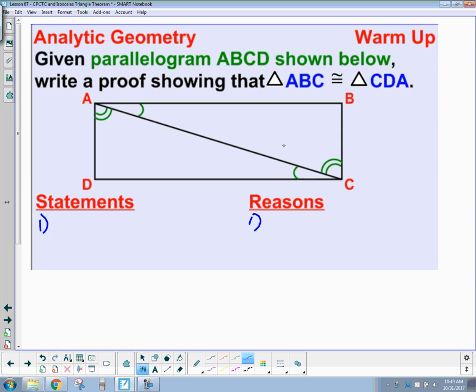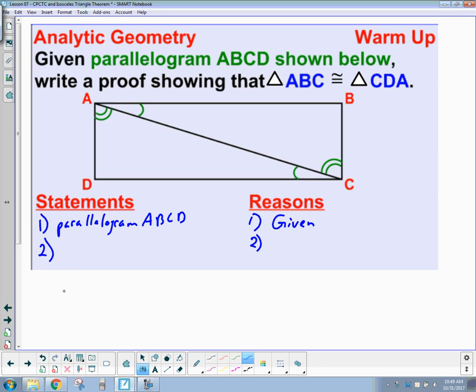Again, always start off with the given. Then state the fact that we have a parallelogram ABCD. Okay, now I'll put these green marks to emphasize we're going to be talking about alternate interior angles.